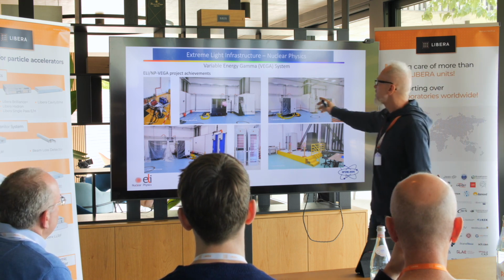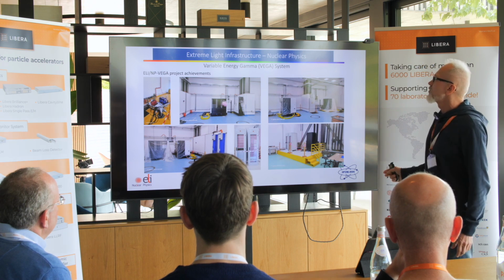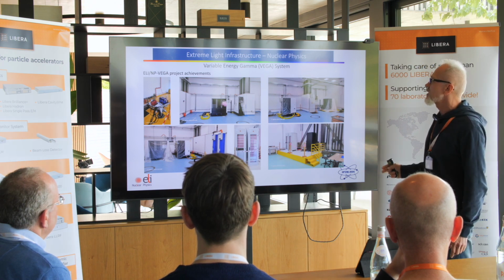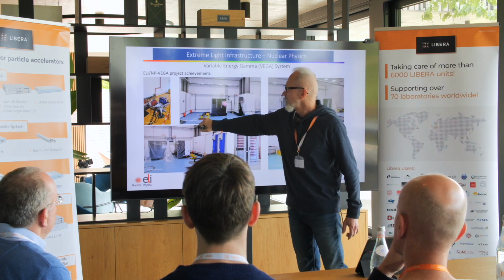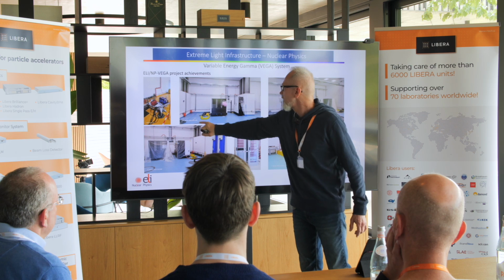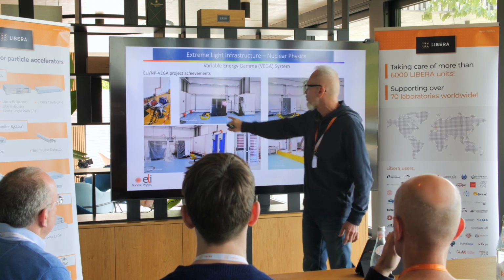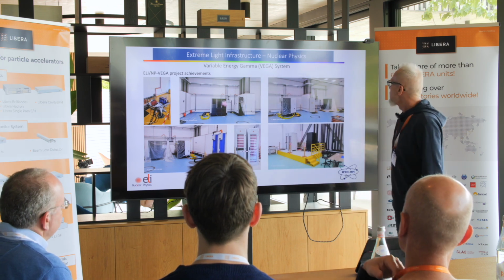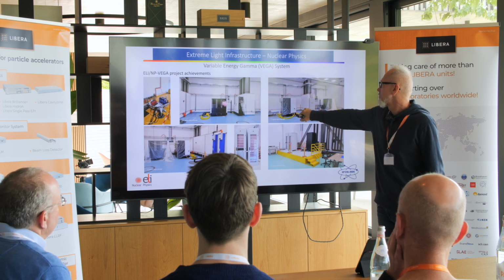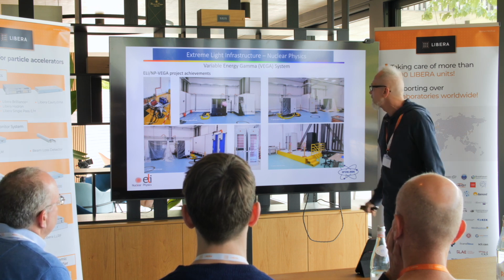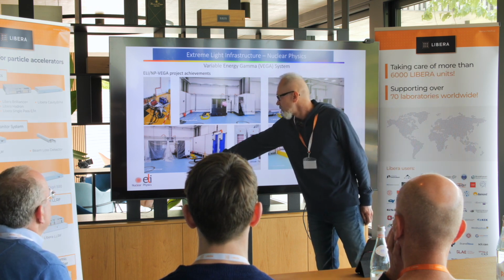Here in these rooms we have the future positions of the racks with the Libera equipment. Here in the first room will be the position of the rack. Here are the modulators. This is the RF gun modulator, and this is the first accelerator module modulator. And here is the positioning of the second rack with Libera equipment, and here is the third one. We place them.